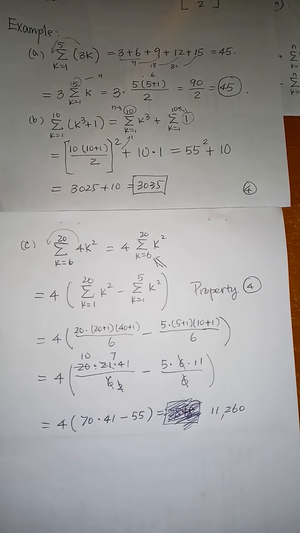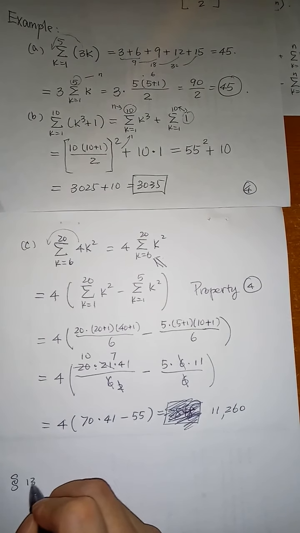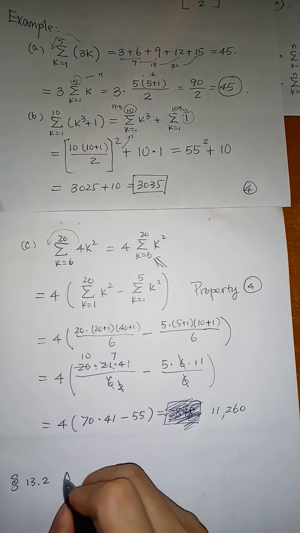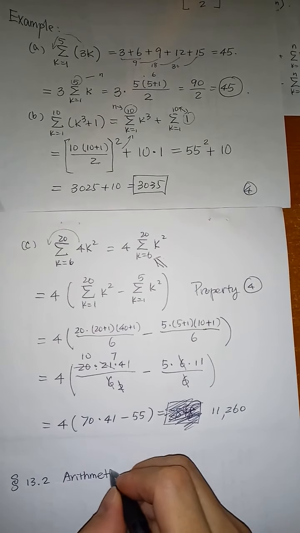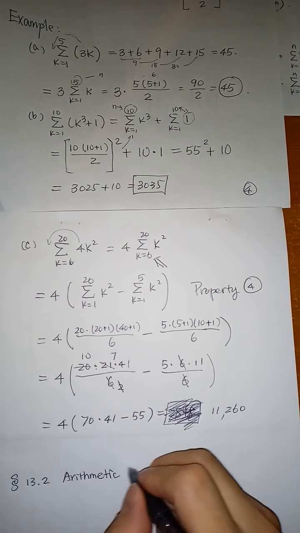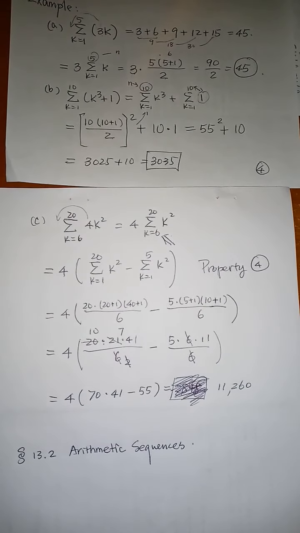Okay, now let's see how we prove the sum of the first n integers. The sum of the first integers is a special example of a so-called arithmetic sequence.